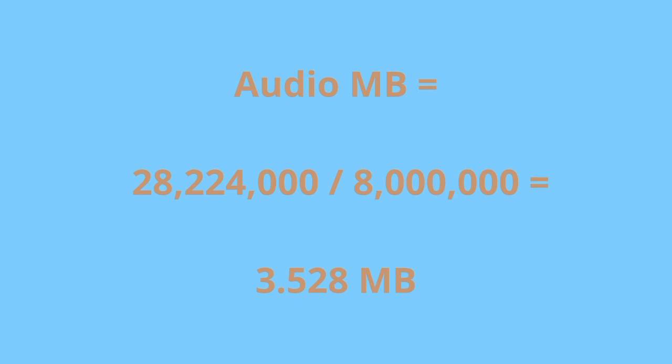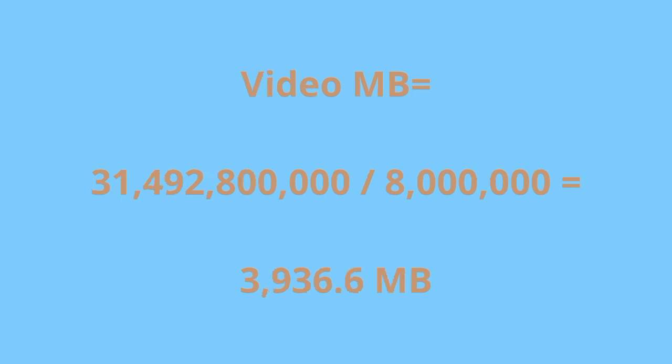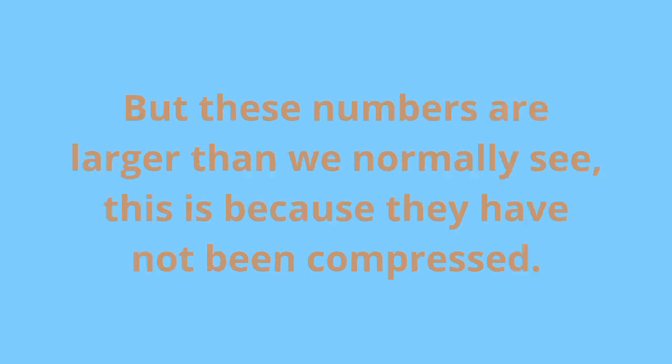The audio from the previous example would be 28,224,000 divided by 8 million, equal to 3.528 MB. The video from the previous example would be 31,492,800,000 divided by 8 million, equal to 3,936.6 MB.